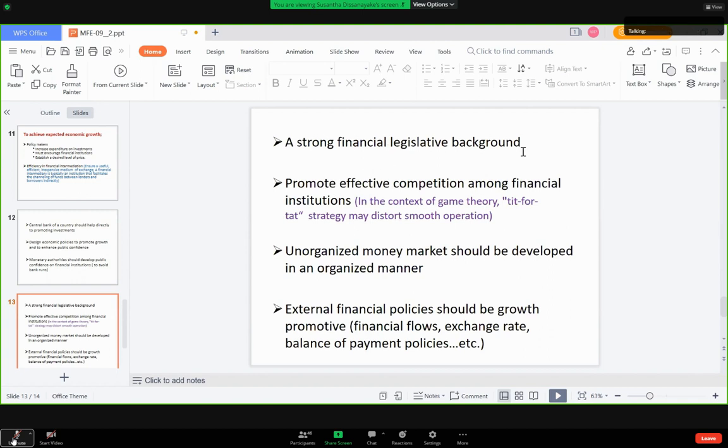Strong financial legislative background will help both parties, the financial institution as well as the customers. A simple example is the recently introduced Microfinance Act. Before that, there were many microfinance businesses, but no legislation, with higher interest rates and a rude way of recovering.